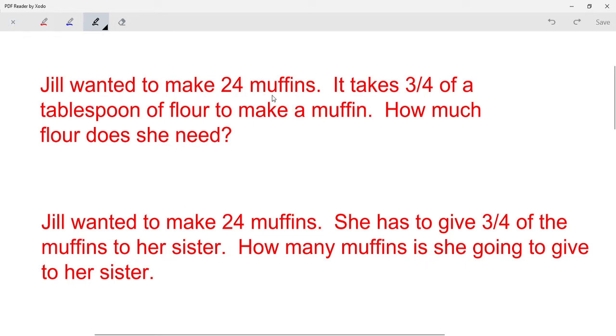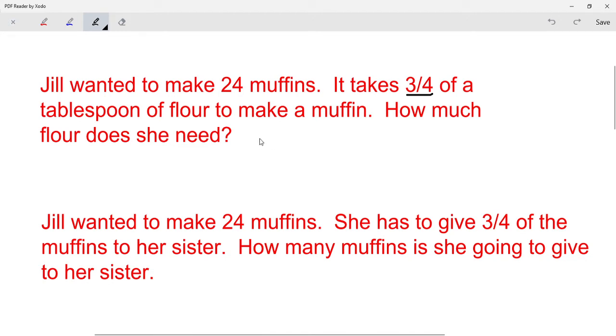So Jill wanted to make 24 muffins. It takes 3/4 of a tablespoon of flour to make a muffin. How much flour does she need? In this one, for each muffin she needs 3/4 of a tablespoon of flour.